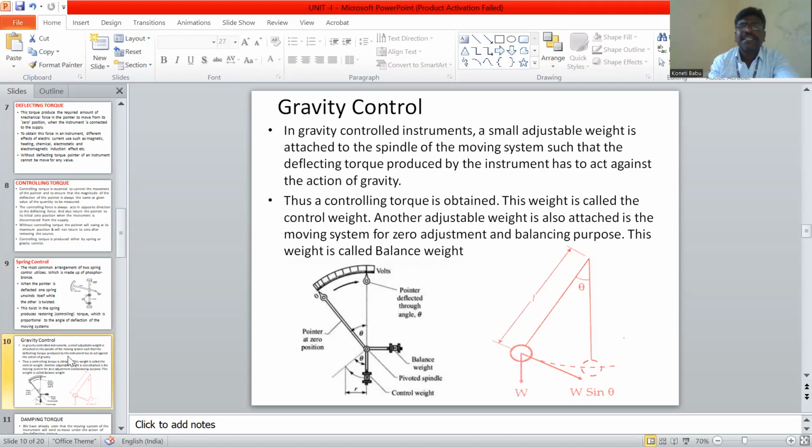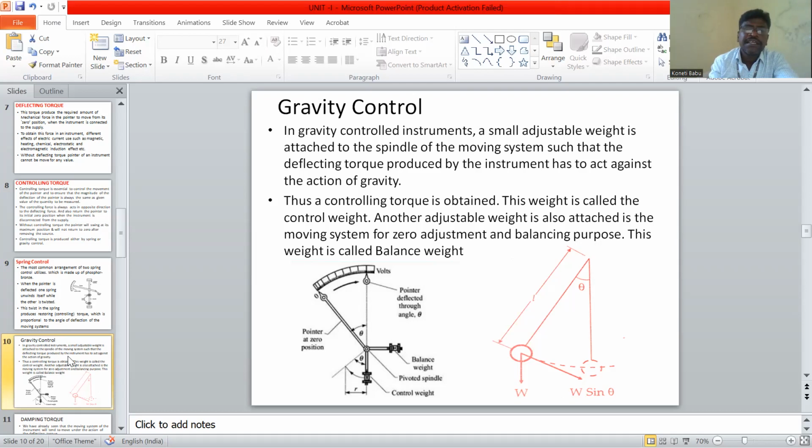Next, gravity control. In gravity control instruments, a small adjustable weight is attached to the movable spindle of the moving system, such that the deflecting torque produced by the instrument has to act against the action of gravity. This weight is attached in the direction opposite to the pointer, and thus a controlling torque is obtained.